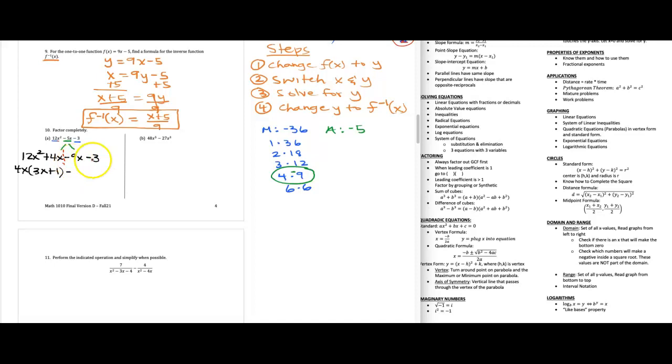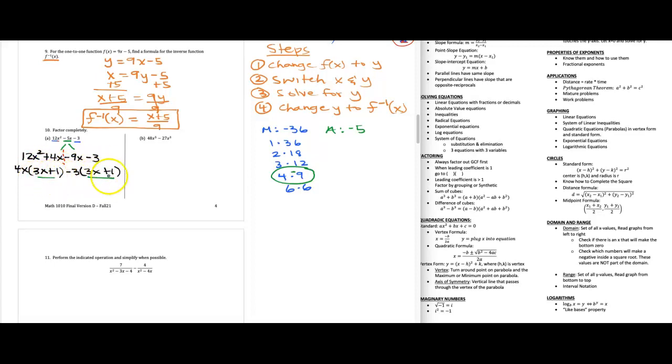So it's going to be -3 as our GCF. -3 divides into both of those. And that's going to leave me with 3x, again, plus 1. All right, and I need these to be the same. If you don't get to the same thing right here inside, then you've done something wrong.